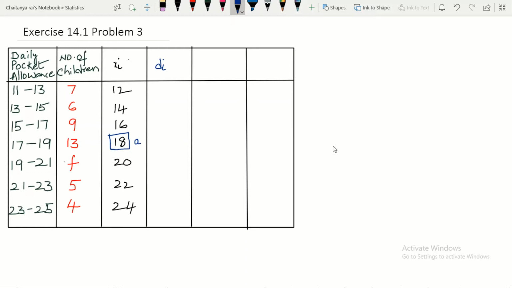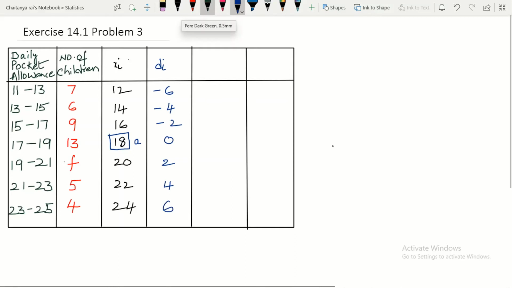Now we subtract this assumed mean from each of the class marks xi. So 12 minus 18 gives minus 6, 14 minus 18 is minus 4, 16 minus 18 is minus 2, and 18 minus 18 is 0. Here it comes 2, then 4, and this will be positive 6.